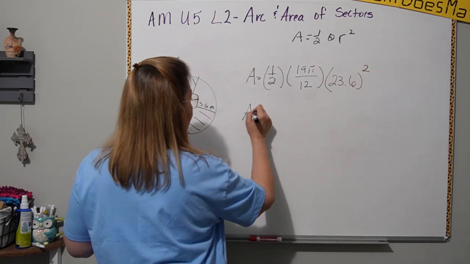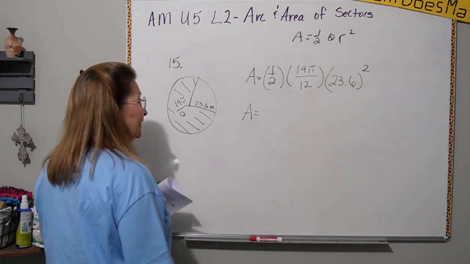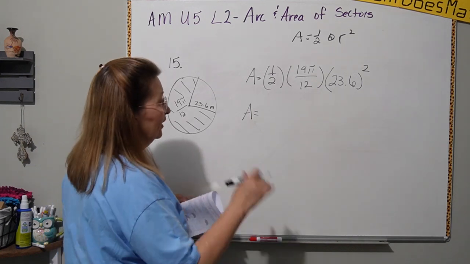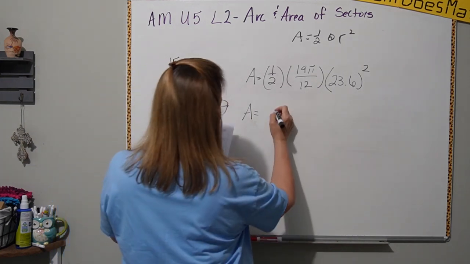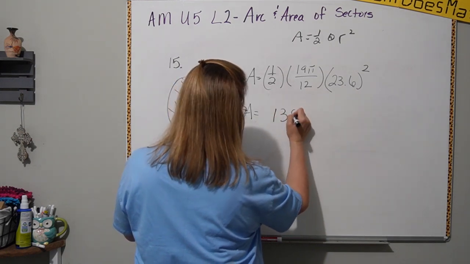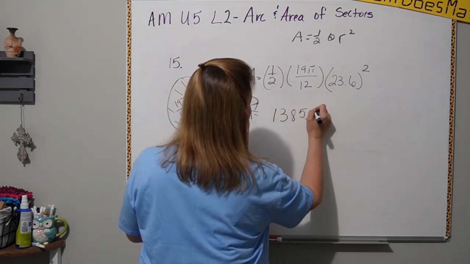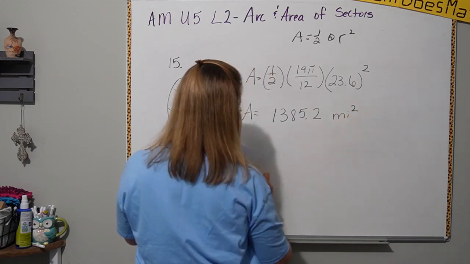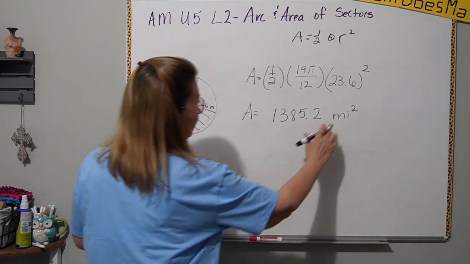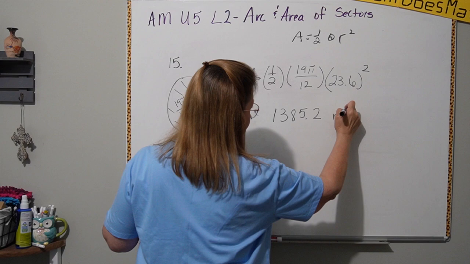Very carefully entering that into the calculator and clicking the button to reduce it to a decimal, I'm going to get 1385.2, and this is in meters squared, actually. I think this is meters.